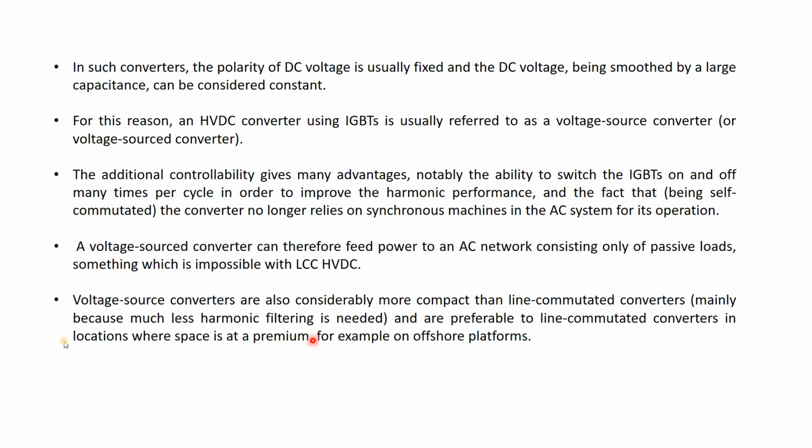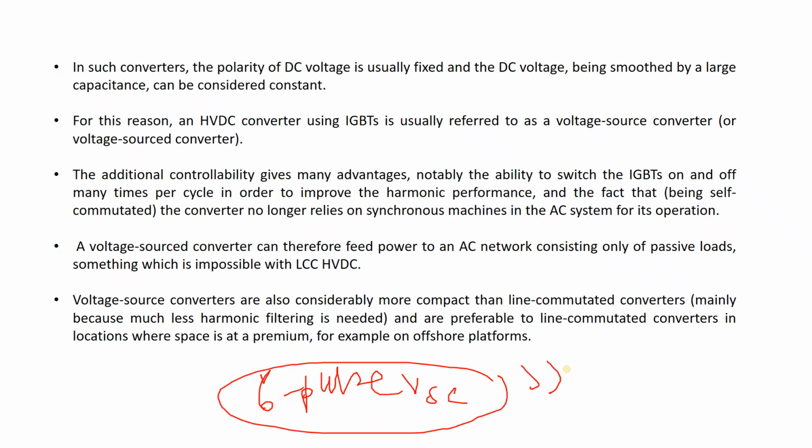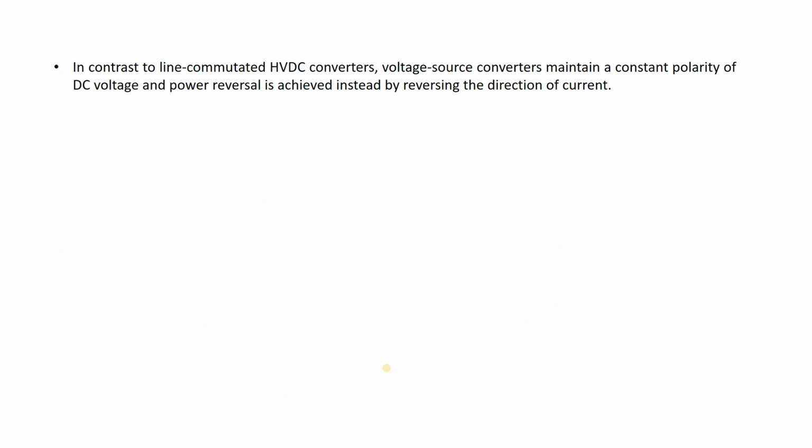A 12 pulse rectifier or inverter for the LCC has the capability of reducing harmonics, but the VSC has more capability of reducing harmonics. So you can say a 6 pulse VSC is much more superior compared to a 12 pulse LCC in every aspect.